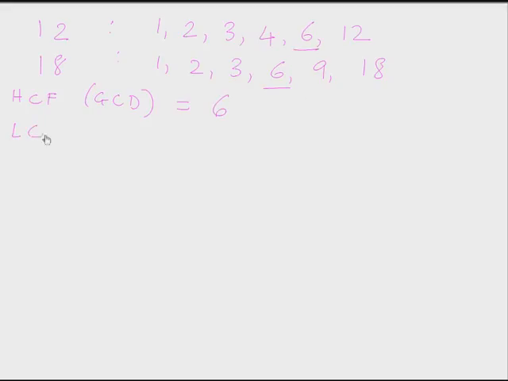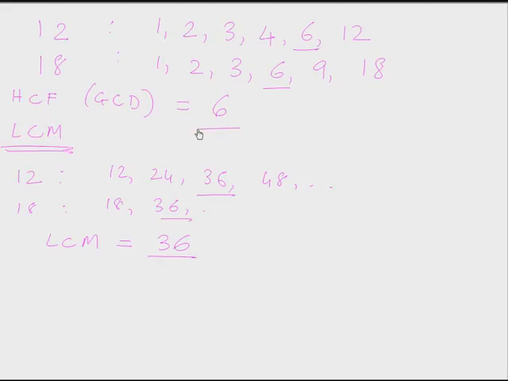What's the LCM? For the LCM, I need the multiples of 12: 12, 24, 36, 48. Multiples of 18: 18, 36, and I'm done. So the LCM is 36. Let's note an interesting fact. Let's multiply the two numbers, 12 into 18, and let's multiply the HCF and the LCM, 6 into 36.